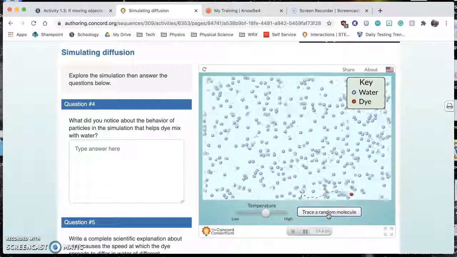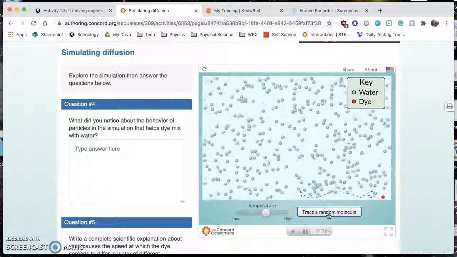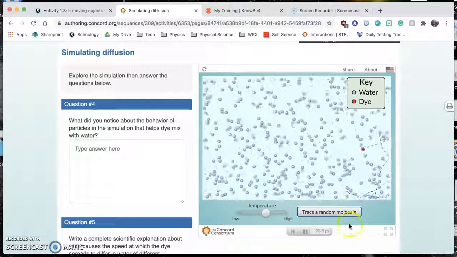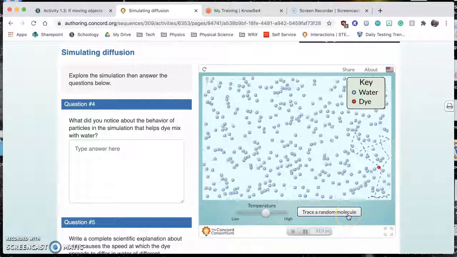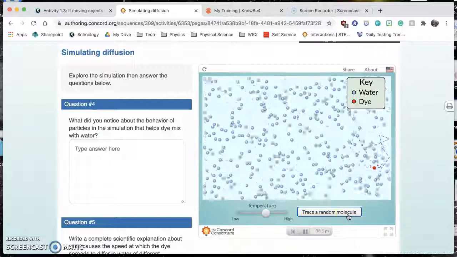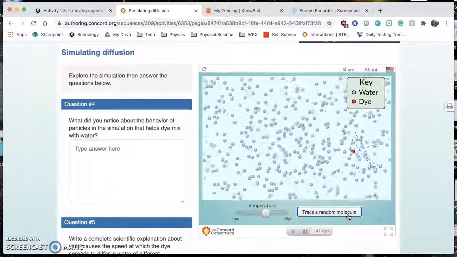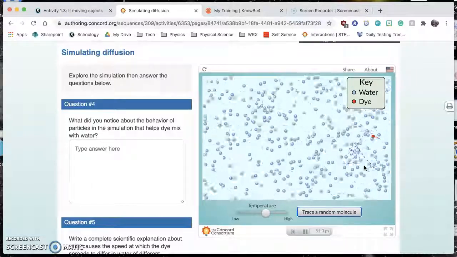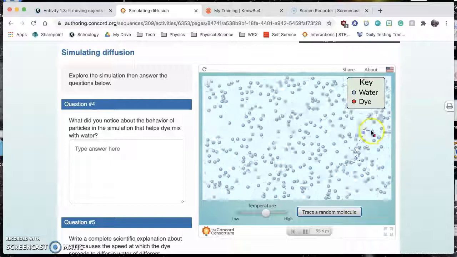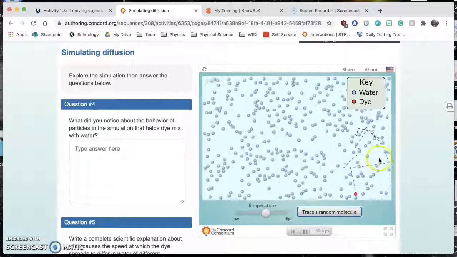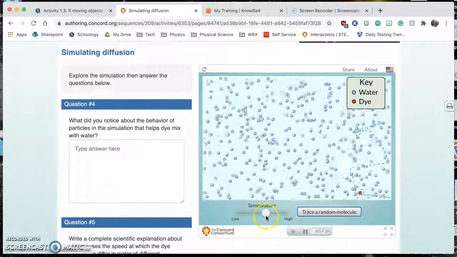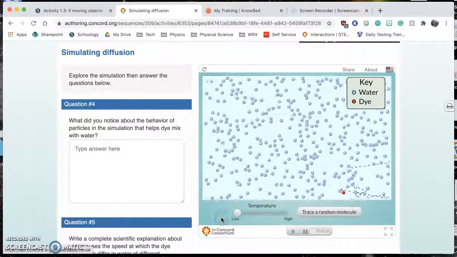Okay. And what this is showing me is really, I'm tracing one particular particle. And it traces that path for only a certain amount of time. So over the past 5 seconds or so, this is where that particle has been. I can change the temperature and I can make it much lower.